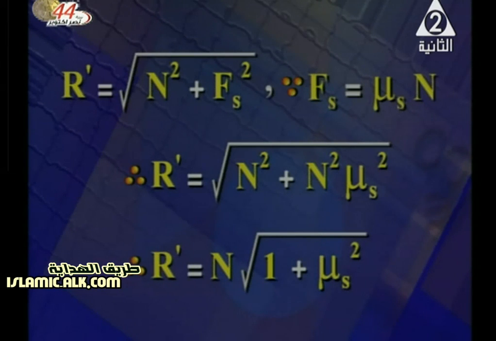When we find R', the resultant of the reaction force, we have N, the normal reaction force, and μs. By substituting into N multiplied by the square root of 1 plus μs squared, we find R'.